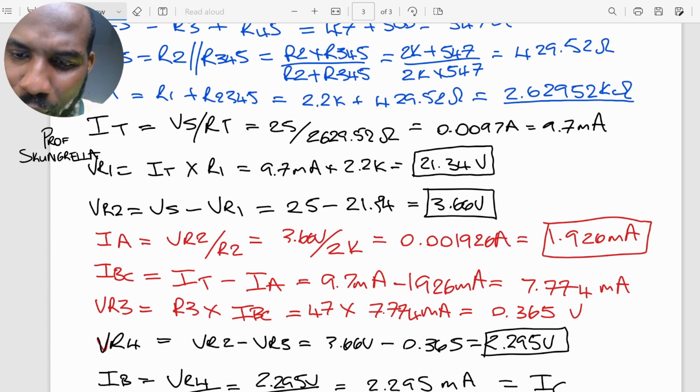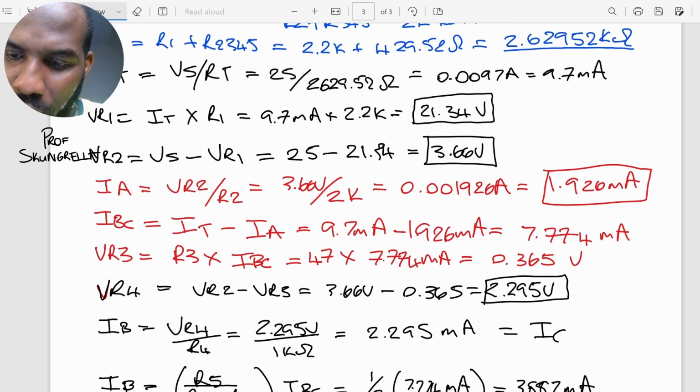So IA plus IB plus IC need to add up to our total current. Again, you can see here we have 3.87, and 3.87 plus 1.92 should add up to 9.7. So the question is, why is this one we calculated with Ohm's law incorrect?